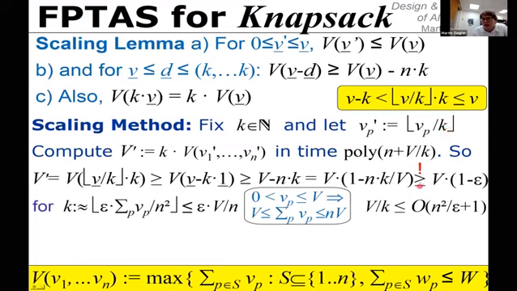And by this inequality, the solution thus returned for the rounded packet values will be an approximation to the exact solution up to error 1 minus epsilon at most.